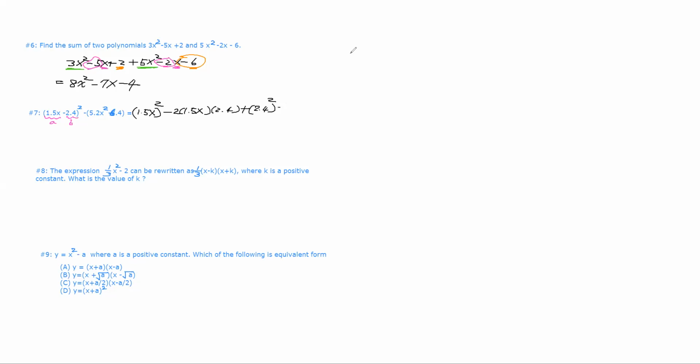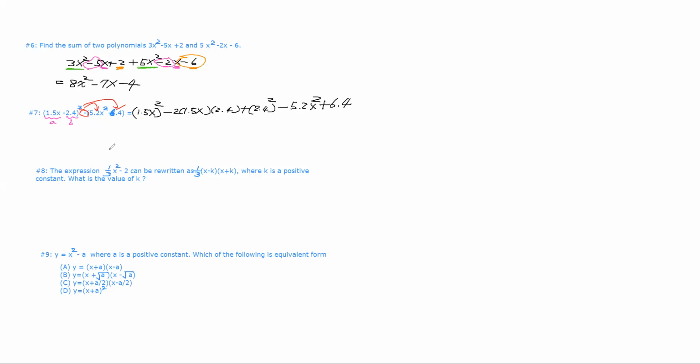Then minus, right? I need to use the distributive property for the second parenthesis. So this is minus 5.2x squared, and this is minus 6.4, so minus gives you positive 6.4, right?